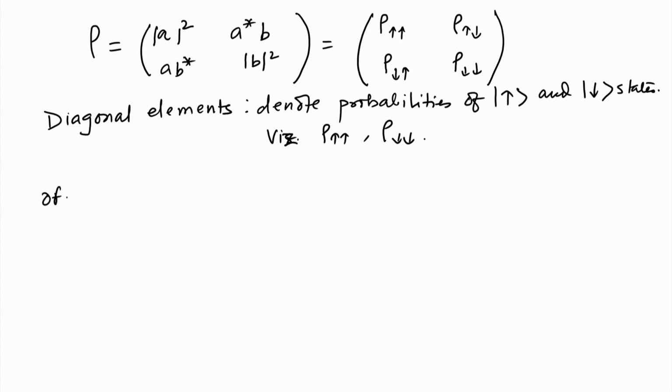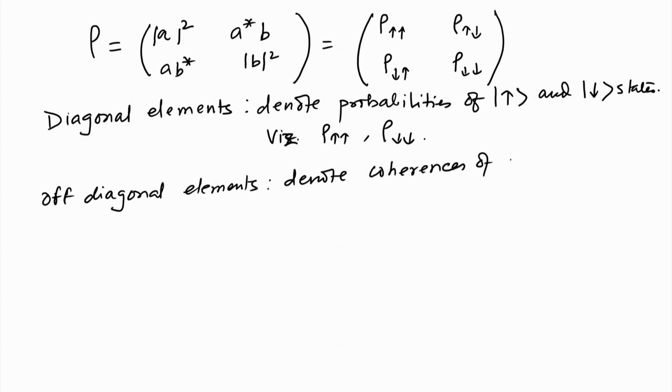Similarly, the off diagonal elements denote what are called coherences of the up and down states, and they are of course rho up down and rho down up.